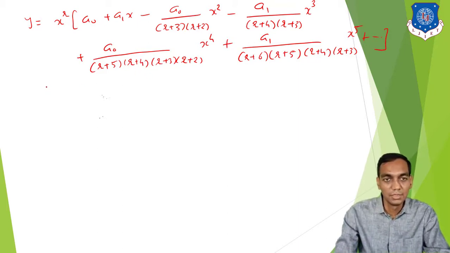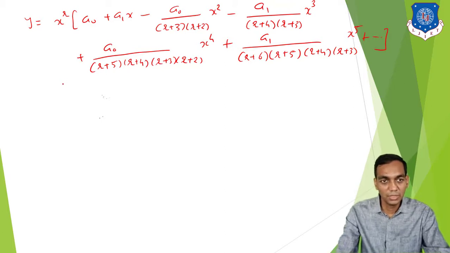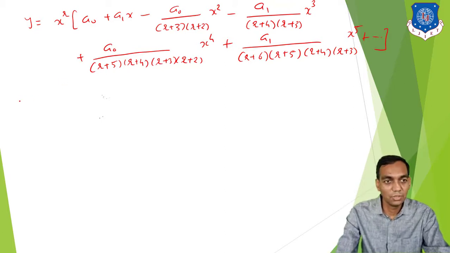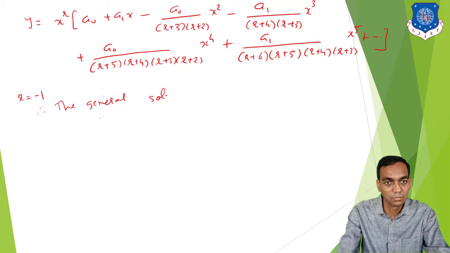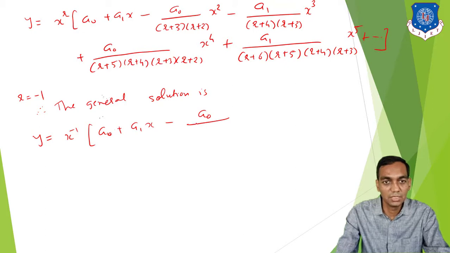Now, since one of the coefficients becomes indeterminate, you only have to put r = -1, which is the smaller root, and that will give you the general solution, correct? And therefore, the general solution is y = x^(-1) [a0 + a1 x - a0 upon (-1+3), that is 2 into 1, x^2.